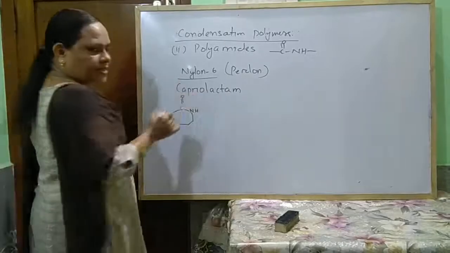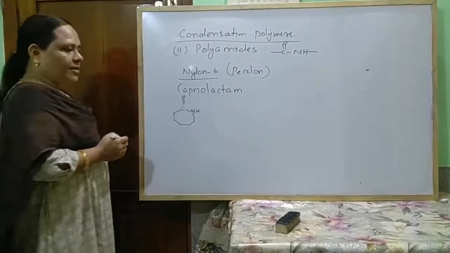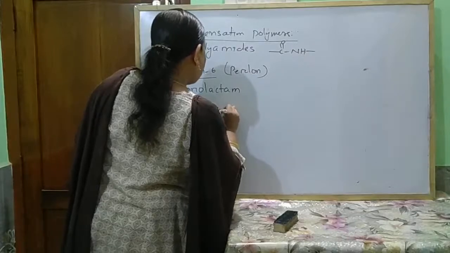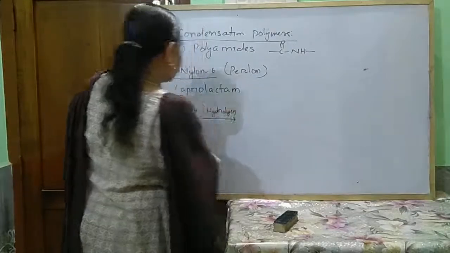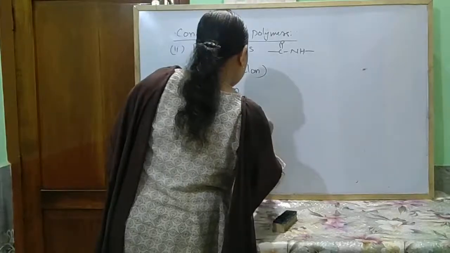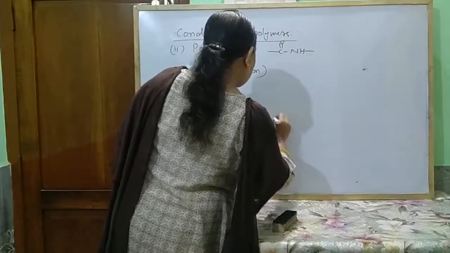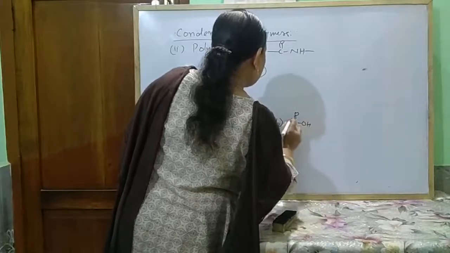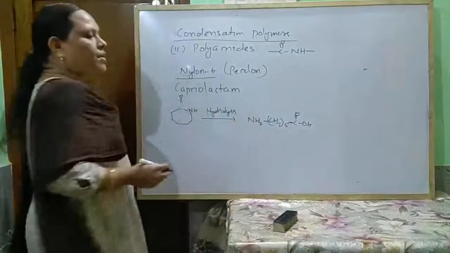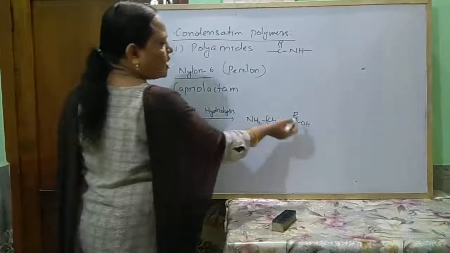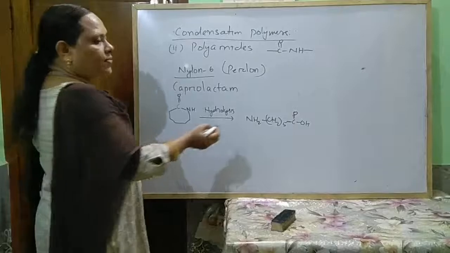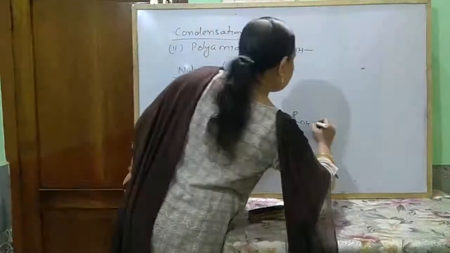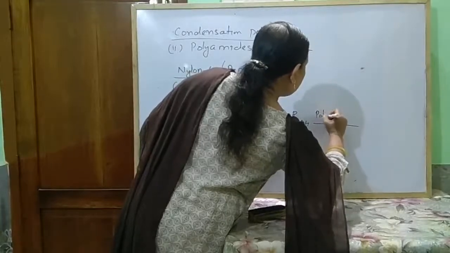This is caproic acid, this is known as your caprolactam, and caprolactam undergoes hydrolysis to form 6-amino hexanoic acid, and this 6-amino hexanoic acid undergoes polymerization.